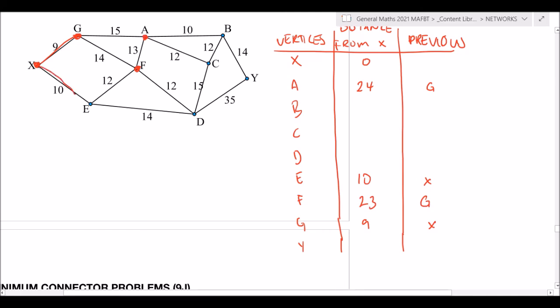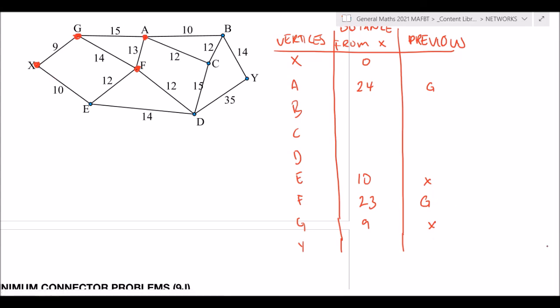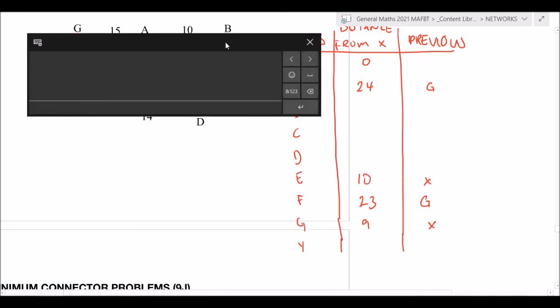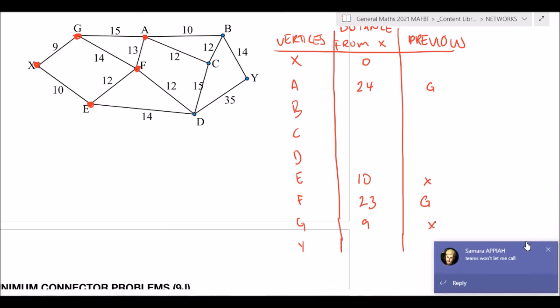Also, we can check from here that from E, you can also get to F and to D. So from E to F, there is a weight of 10 plus 12 is 22. So E to F, where F here has a weight of 23.